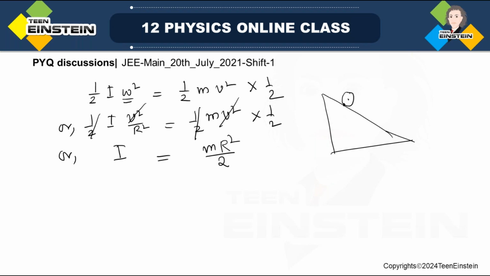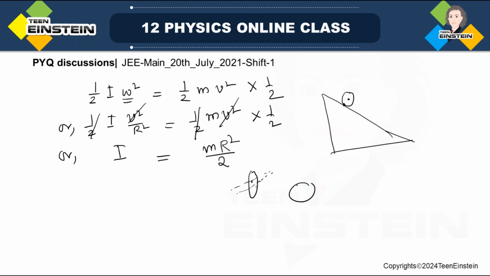If it is a ring, the axis passes through the center, and the rotational axis passes through the perimeter, parallel to its own axis.